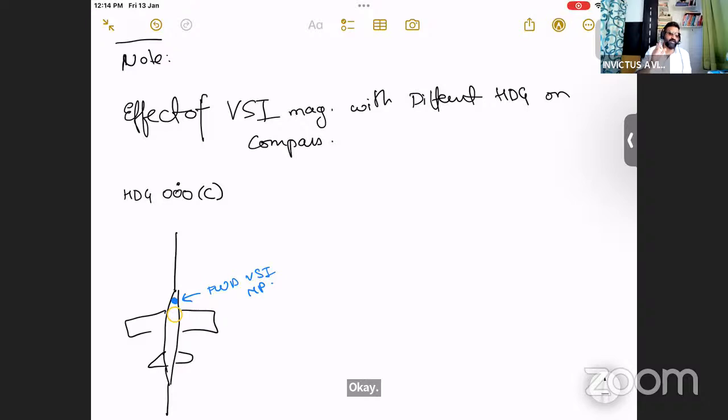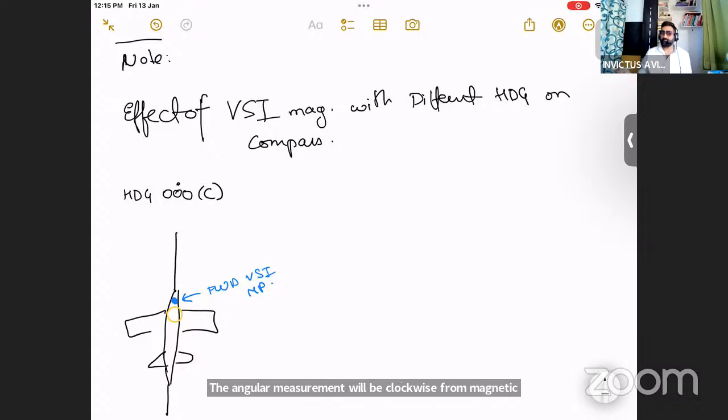Next point you write, heading is also measured from a reference north. If measuring magnetic heading, the angular measurement will be clockwise from magnetic north. If we want to calculate magnetic heading, it is measured clockwise from magnetic north.